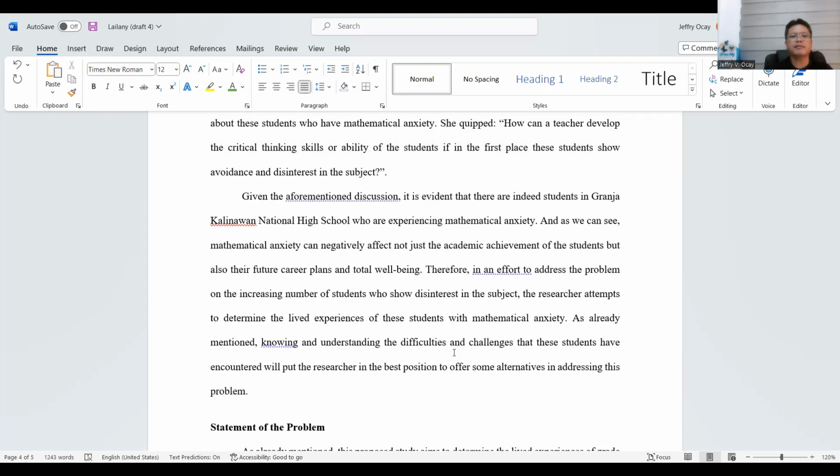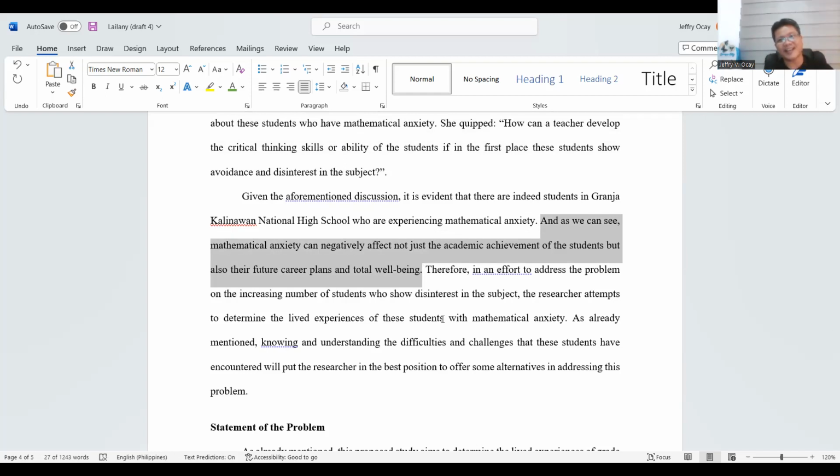And as we can see, mathematical anxiety can negatively affect not just the academic achievements of the students, but also their future career plans and total well-being. Notice how serious the problem is if we don't address it.